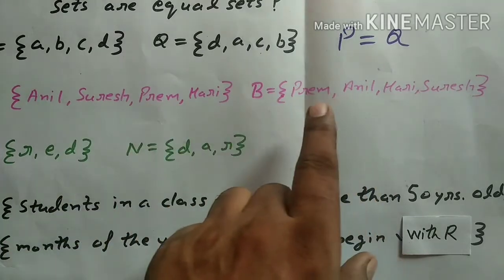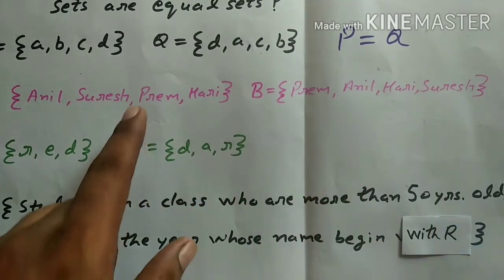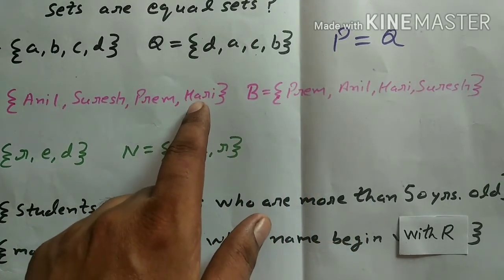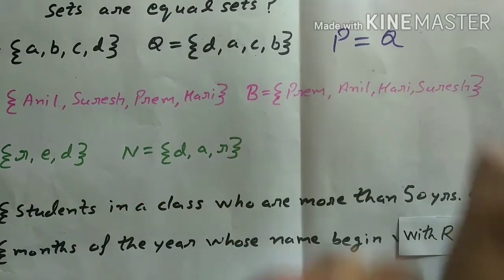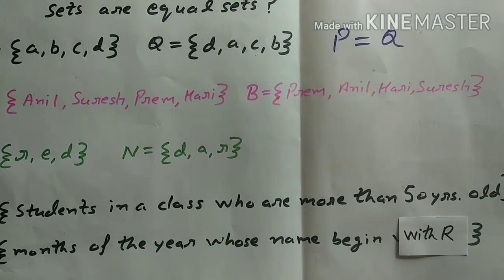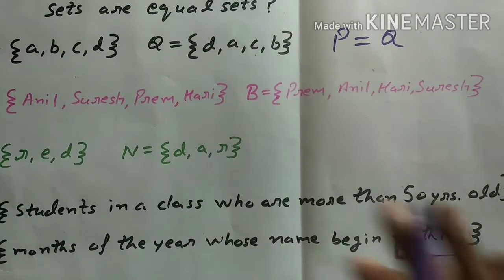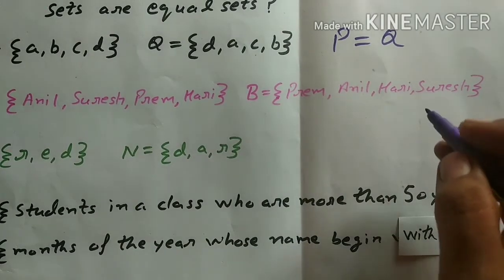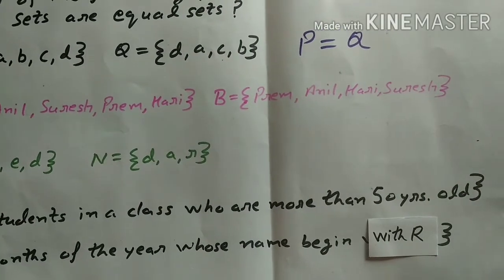Suresh is in A and Suresh is also in B. Prem is in set A and Prem is also present in B. And Hari is in A and Hari is also in B. Students, I already told you that the position of the member doesn't matter in a set, but the members must be the same in both sets to make the sets equal. So here all four members of set A and the four members of set B are the same. Therefore, I can write that set A is equal to set B.